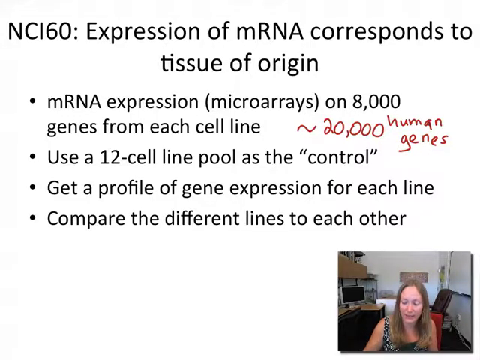So they tested 8,000. And then they compared each individual cell line to a pool of 12 of the cell lines. And they tried to pick 12 sort of diverse cell lines to be this background.